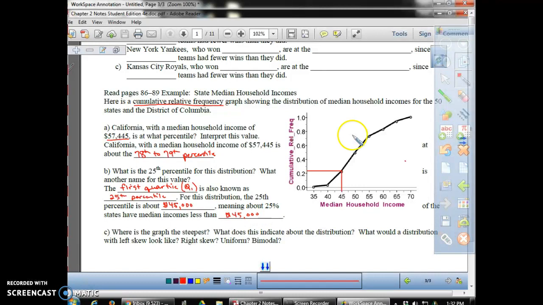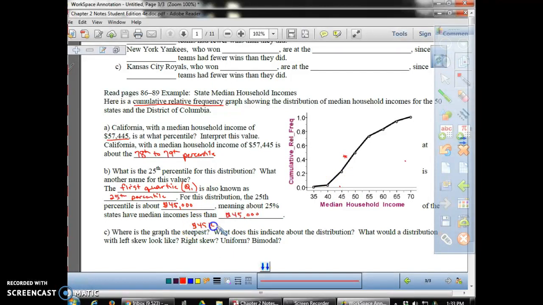Okay, now where is the graph the steepest for this? And if I look here, it definitely is not here, kind of picks up, and then it looks like maybe it's the steepest here. It's still pretty steep here in these two intervals. From 40 to 45 is pretty steep, and then from 50 to 55, but I think that this interval there is the steepest. So I'm going to say 45 to 50,000.